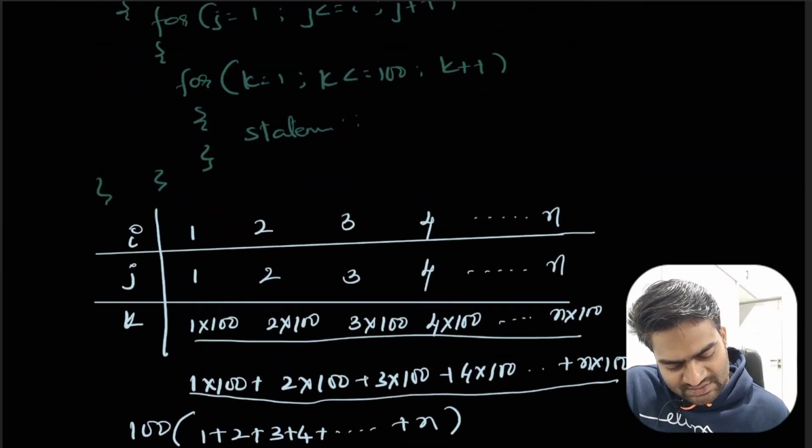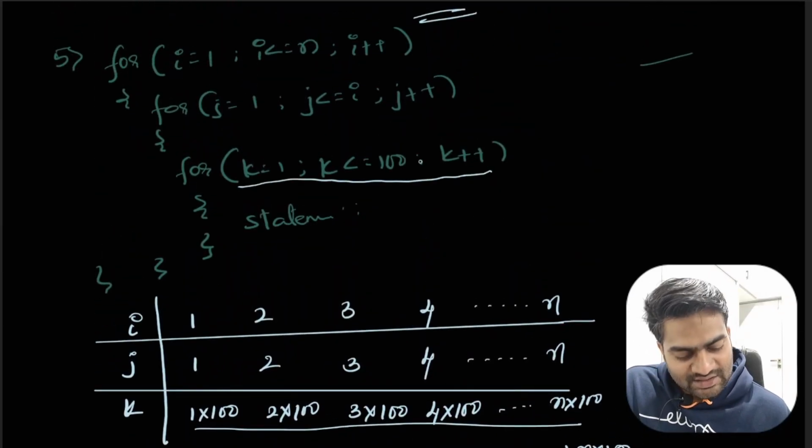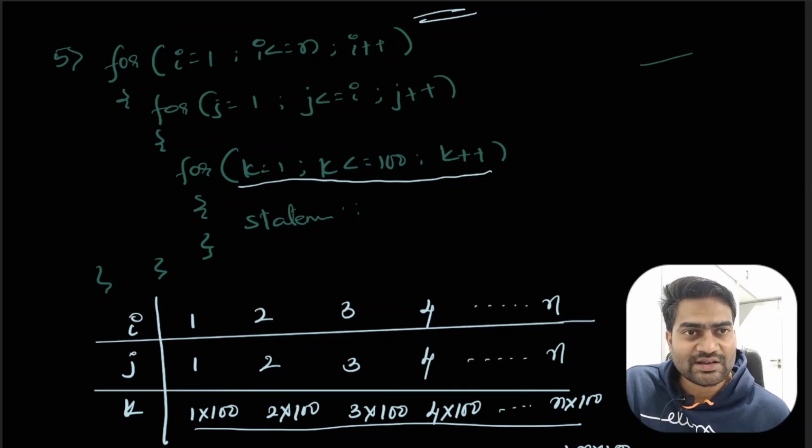How? Because if you see this particular loop, it does not increase based on the value of n. So whatever be the value of n, it always runs for 100 times. So it does not increase if we increase the value of n.